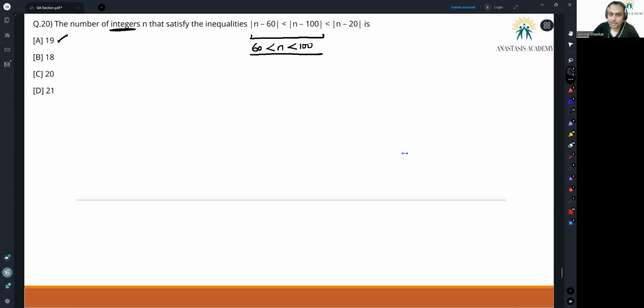It would be n minus 60 is less than the negative of n minus 100, हाँ 100 minus n ही हो जाएगा. 100 minus n, or 2n is less than 160, or n is less than 80. We have identified one limit.